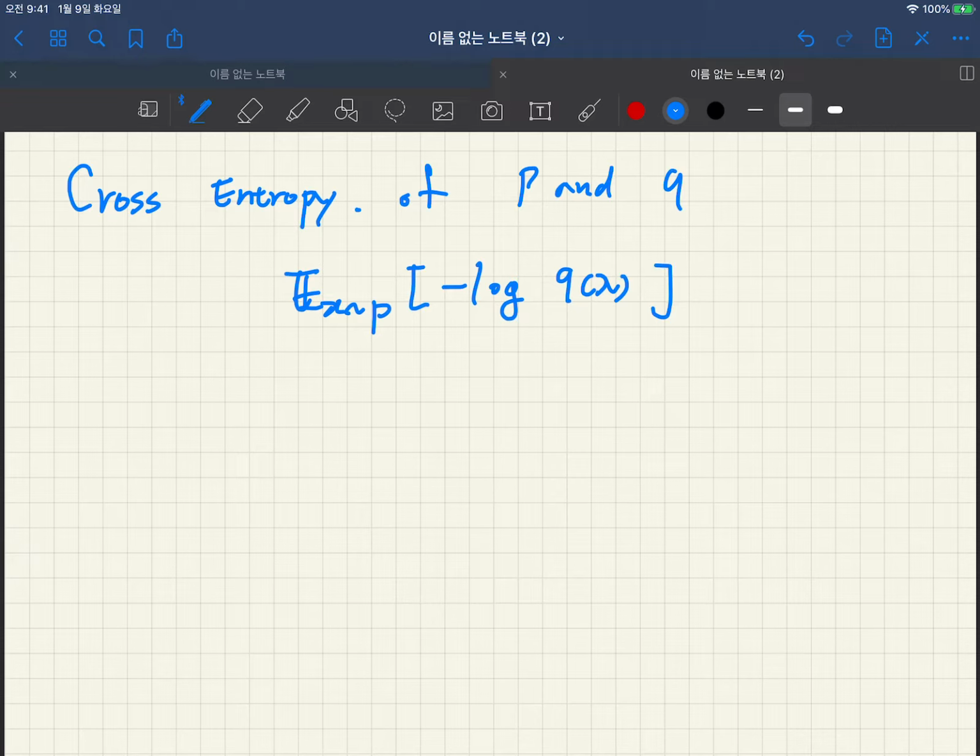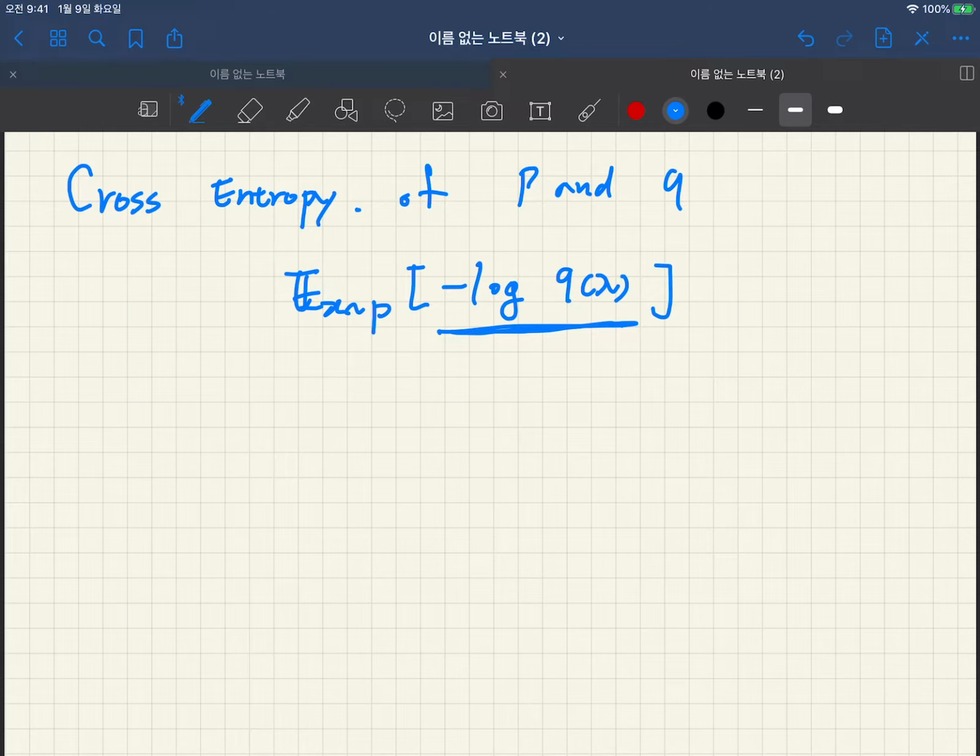So what is the meaning of cross entropy? When you look at the inside of the expectation, it looks like an entropy. So what is the meaning of entropy?